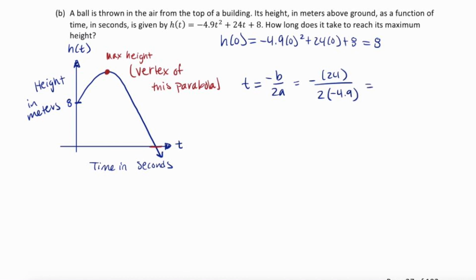Now use your calculator to work this out. You end up with something along the lines of 2.448979592, and it just keeps going depending on how many decimal places your calculator shows you. So we know this is at approximately 2.4 seconds.